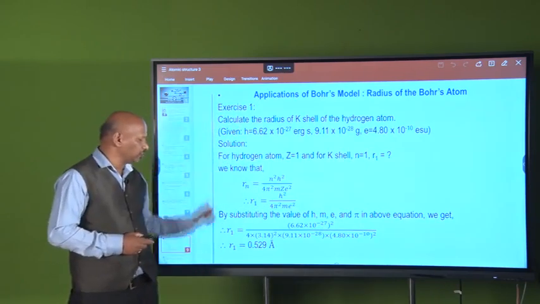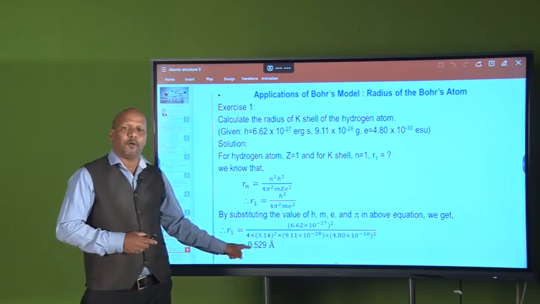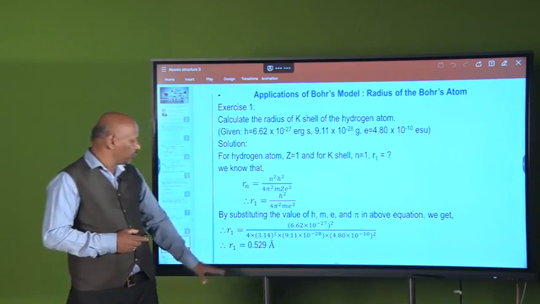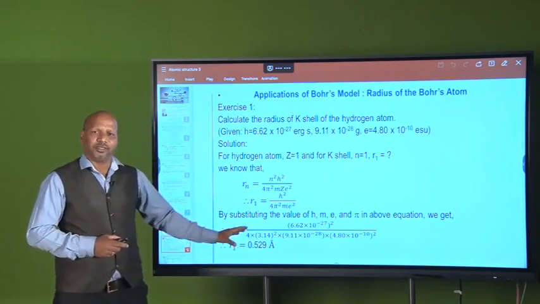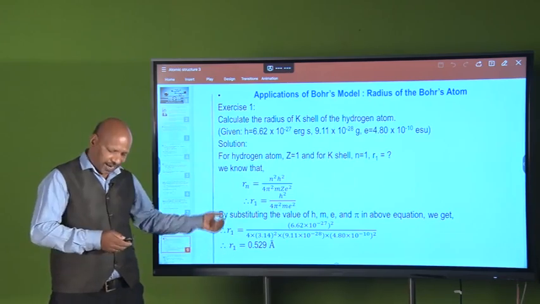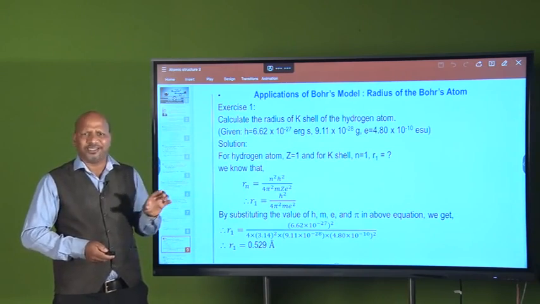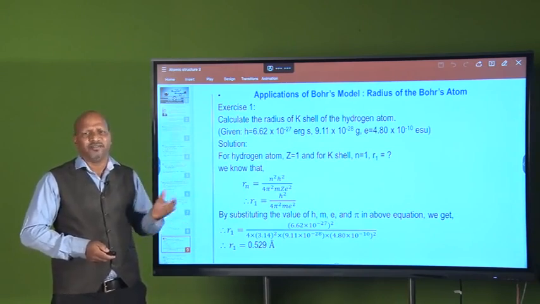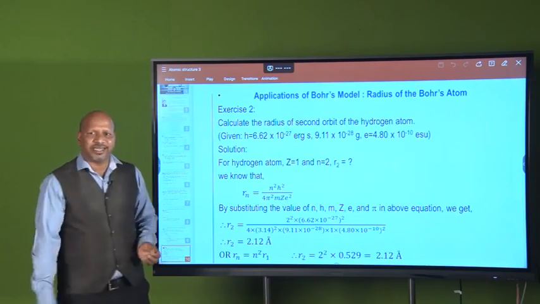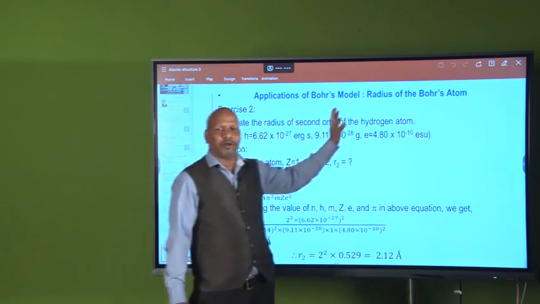If you solve this, you will get R1 is equal to 0.529 angstrom unit. Clear? Already I told that for hydrogen the atomic size or radius is 0.529 angstrom unit. The second exercise: calculate the radius of the second orbit of the hydrogen atom.